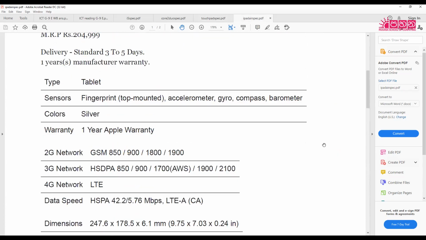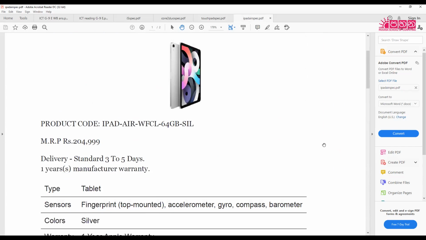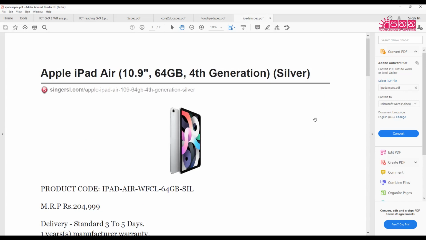So in this model, you have 4 gigabytes of memory. It was not given here, so that detail is missing. But when I checked on the internet, it has about 4 gigabytes of RAM. So the RAM part we have done.